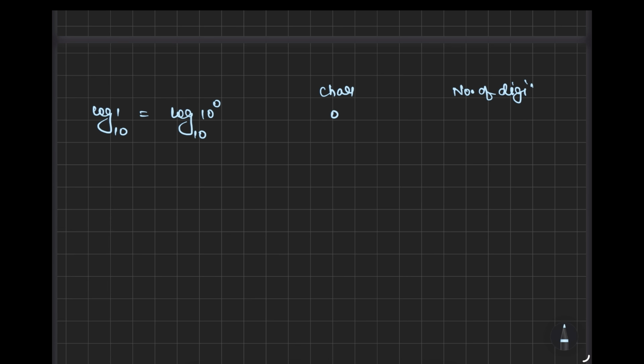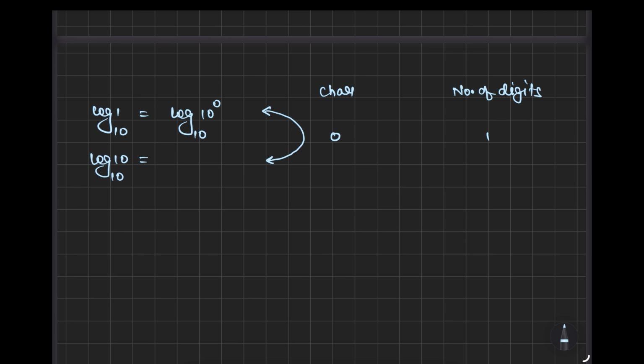and the number of digits is 1. Suppose that on level 2 we are at 10 power 1 base 10. Here it will become 1. From 1 to 10, we talk about in between: it will be 0 point something, 0 point something, so the characteristic will be 0 and the number of digits will be 1.